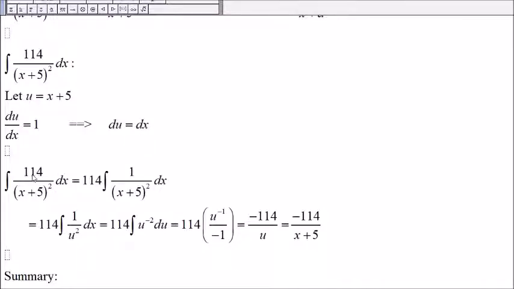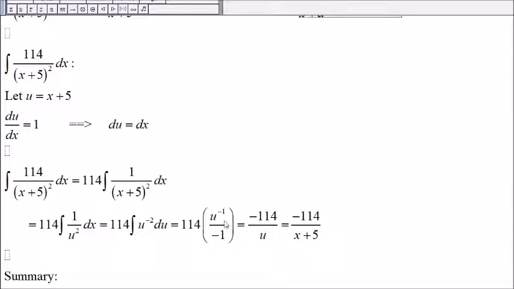And so the integral of 114 over x plus 5 squared is 114 times the integral of 1 over u squared. 1 over u squared is u to the negative 2.